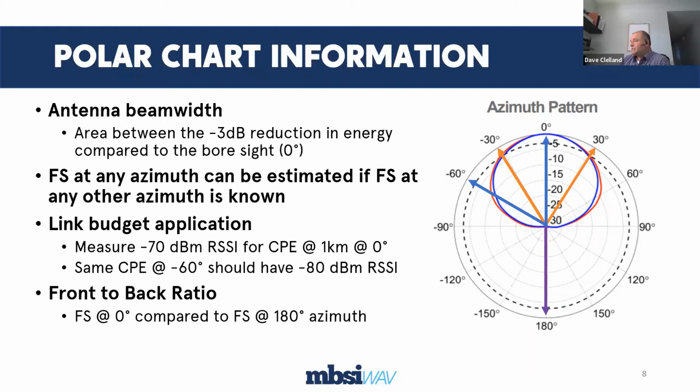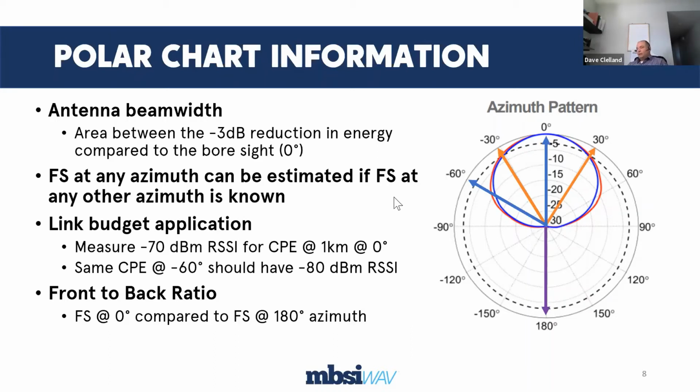So if my value were minus 65 at this point, I would be minus 90 out at that point. So I'm still receiving this energy. This is the important thing. I'm still receiving this energy out here. It's just that it is less than what I would expect if my CPE were right in front of the antenna. This is an important fact. We'll talk more about this in a minute.